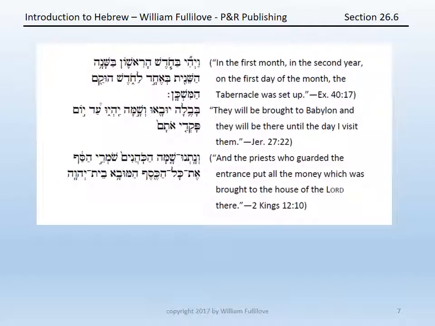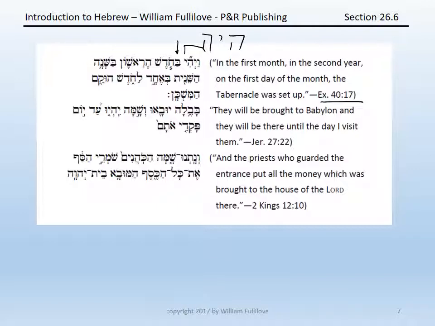Consider these three examples. First, Exodus 40, verse 17. Vayehi bachodesh harishon bashana hashenit be'echad lachodesh hukam hamishkan. So we begin with vayhi, the qal narrative third masculine singular of haya, which is one of our typical openings of a narrative. And it was, or we may not translate it at all in English.